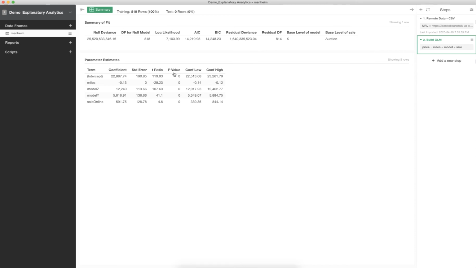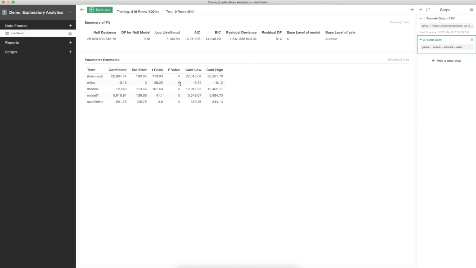In this case, we are looking for p-values less than 0.05. P-values, to be significant for an independent variable, need to be less than 0.05. We notice that these values over here are 0. In fact, they're quite significant, and so we can say that all of the independent variables in our case have a significant effect on the dependent variable.